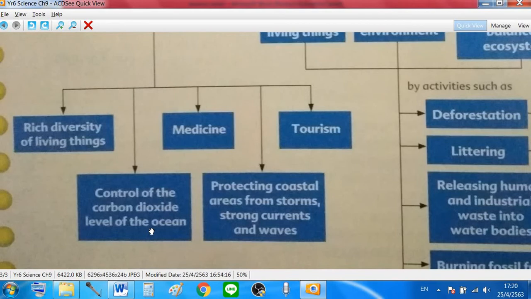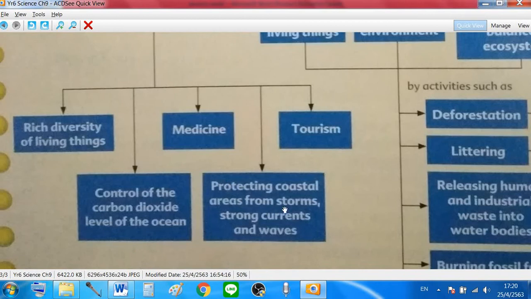So when the coral reefs die, that carbon dioxide is released back into the oceans, back into the atmosphere. So it does control the carbon dioxide level of the ocean. Coral reefs can be used for medicine, or the animals that live around the coral reefs can be used for medicine.